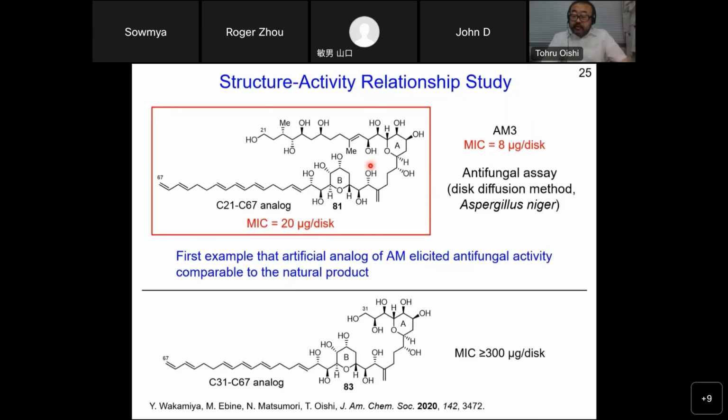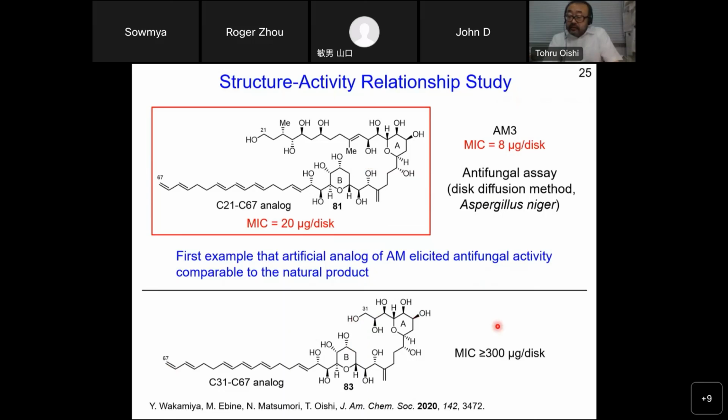It is interesting to note that a more truncated analog corresponding to C31 to C67 didn't show antifungal activity.